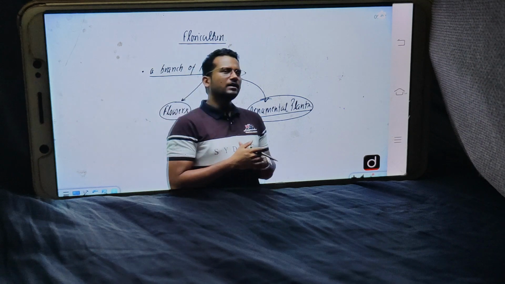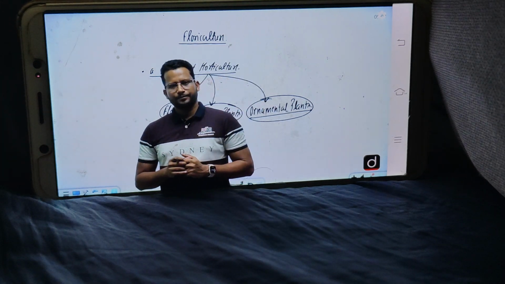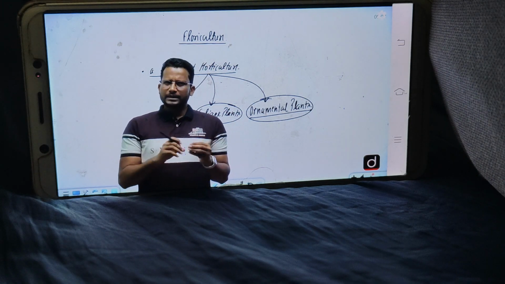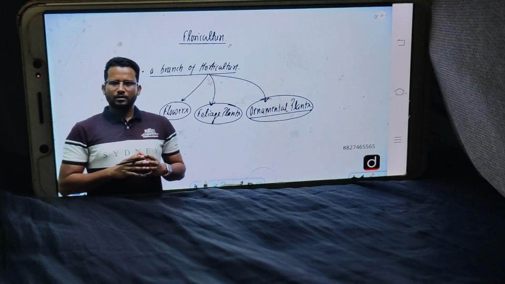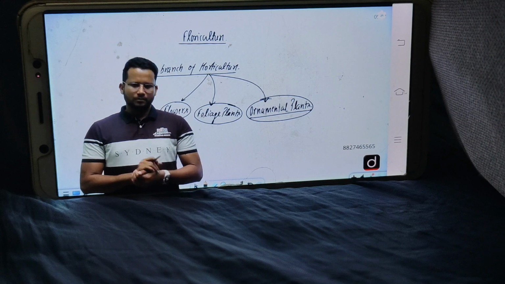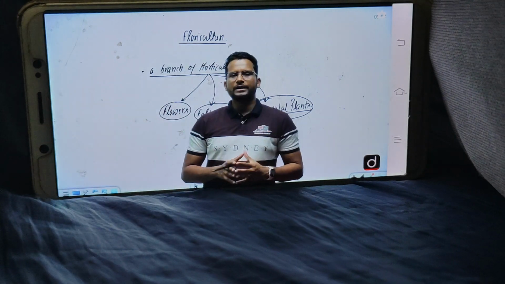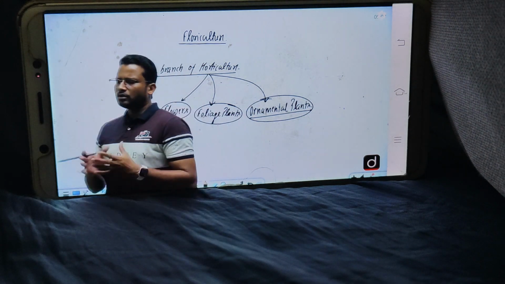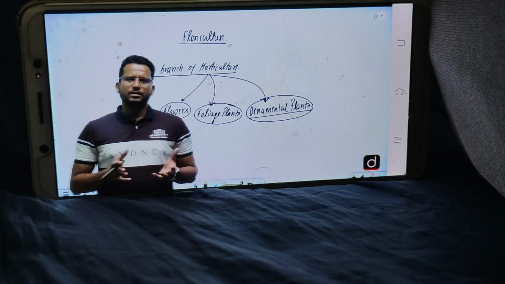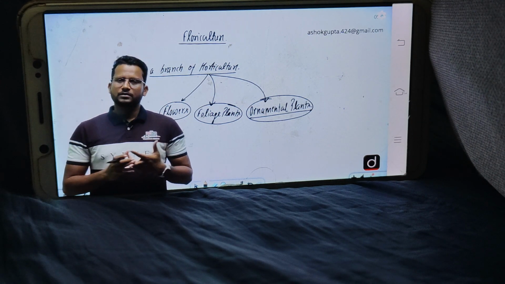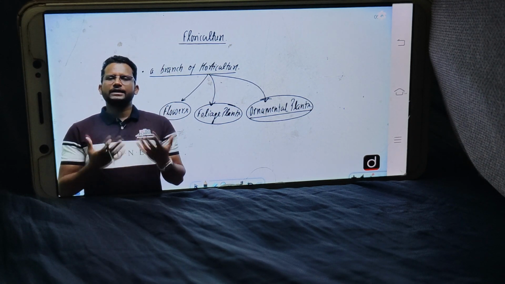अब इसके बारे में एक चीज ध्यान रखेंगे that why we are talking about floriculture, because you can see that with increasing level of income, with increasing standard of life, the demand for all these commodities, like ornamental plants, foliage plants, and flowers, is increasing.